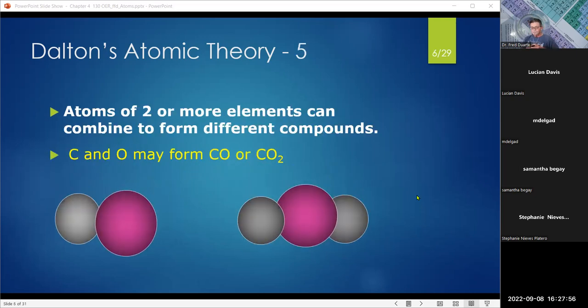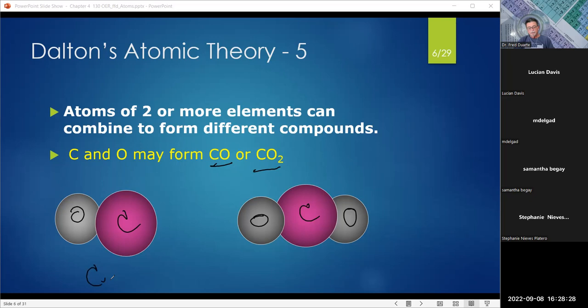Atoms of two or more different elements can come together in different ratios to form different compounds. If we look at the example here, where carbon and oxygen come together, you can generate what we call carbon monoxide or carbon dioxide. Here, the red could be carbon and the gray could be oxygen. Here's carbon as the central atom, and two oxygens bonded to the central atom of carbon.